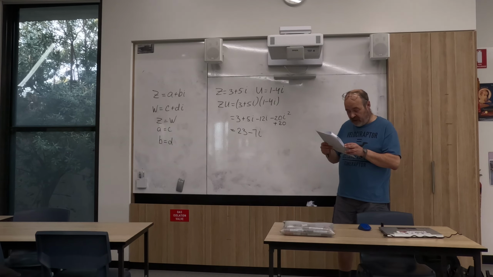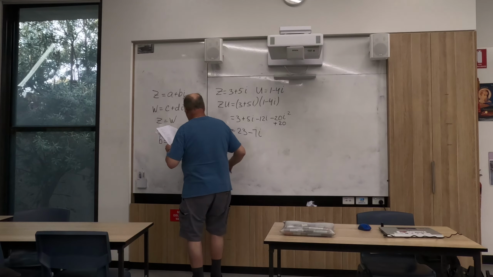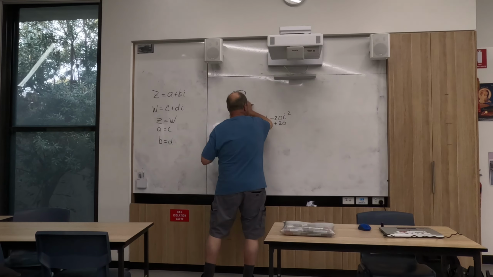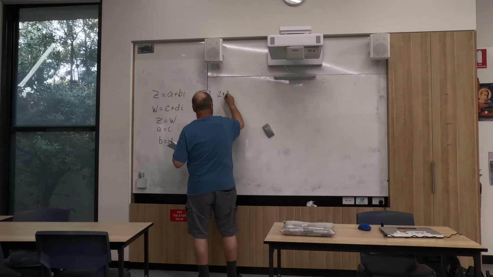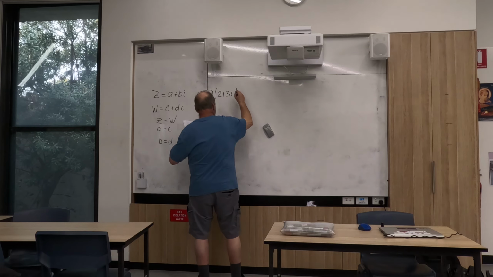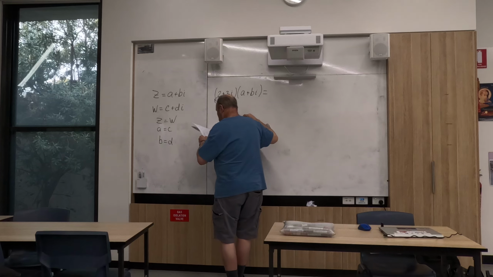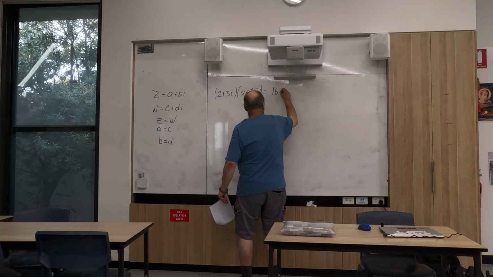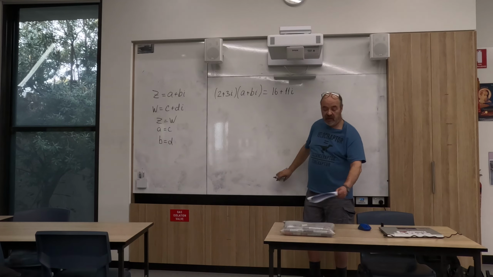So we have the next question: 2 plus 3i times a plus bi equals 16 plus 11i, and we need to find a and b.